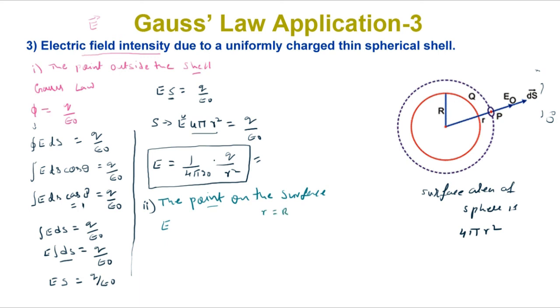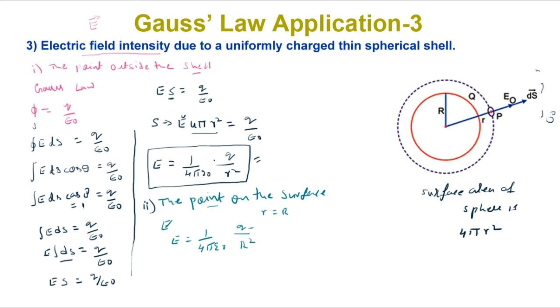So the same E is equal to 1 by 4 pi epsilon naught into q, and in the place of small r we write capital R.